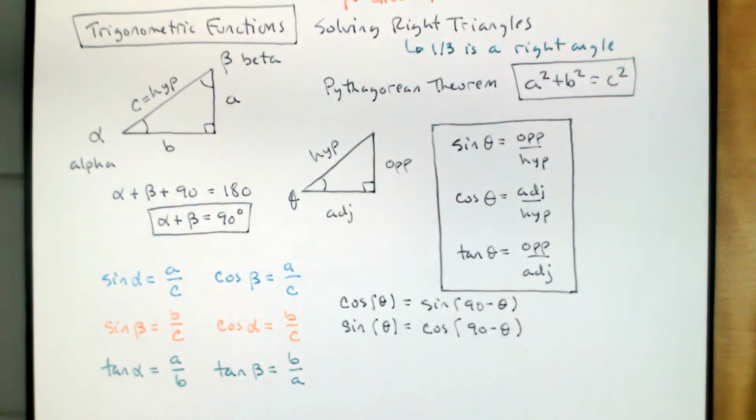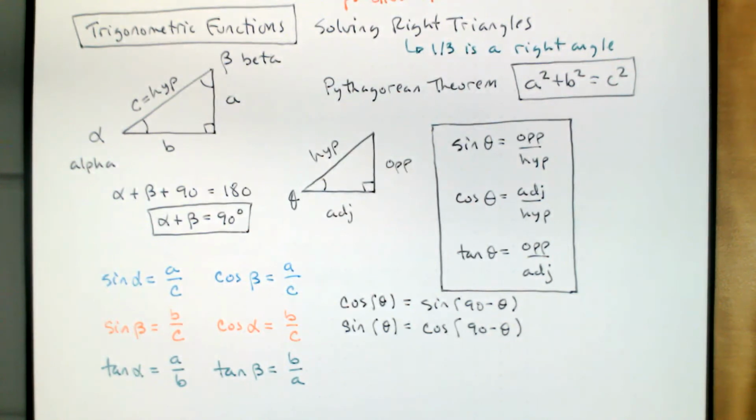One of the things that we want to point out here: we have cosine of theta is sine of 90 minus theta. This is in trigonometry what we can call an identity. This is something that's always true, regardless of the value of theta. Usually when you get stuck on a trig problem, either in this class or when trig gets involved in your future classes, like in calculus, start remembering your identities.